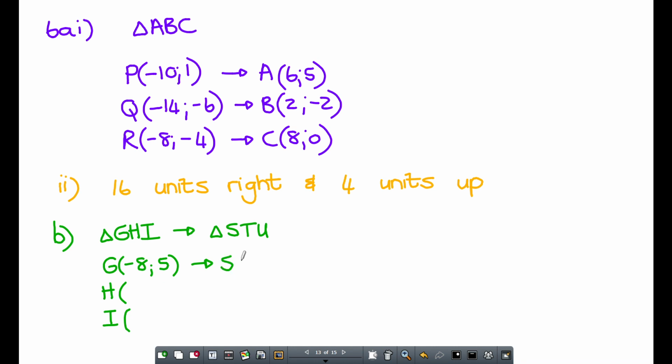And that became S, which was minus 11 and 8. Okay, so H was minus 11 and 4, and that became T. Minus 3 is minus 14. Yeah, 7. Okay, I was 1 and 1.